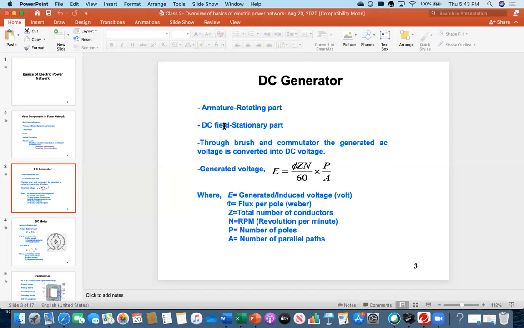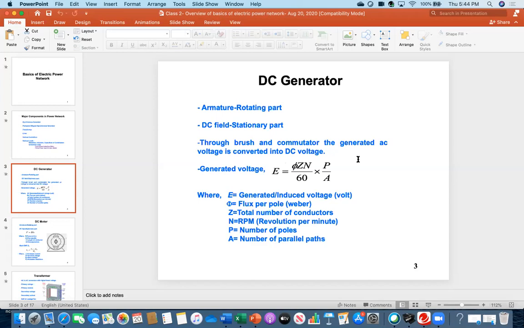This is basically the North Pole and South Pole, but they may not always be magnetized. So you have to magnetize them with the application of DC voltage. That's why it is called the DC field. And then with the help of brushes and commutator, that generated AC voltage is converted into DC. In fact, whether it is DC generator or AC generator, the first developed voltage is AC.